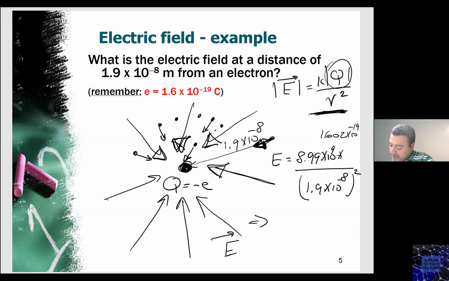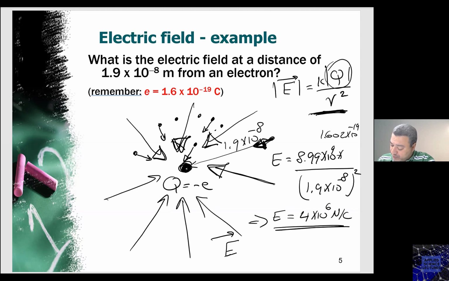And the electric field E is 4 × 10^6 Newton per Coulomb. Now this is the magnitude for the electric field at this point. The direction is toward the electron.